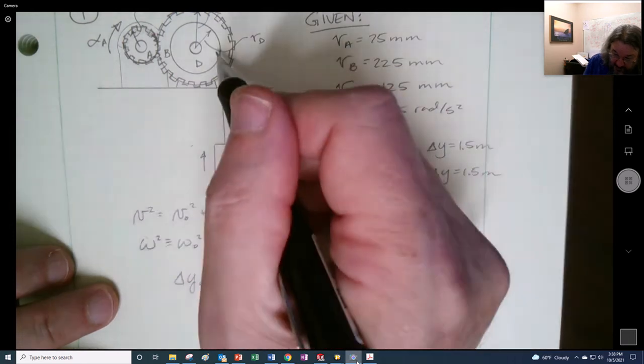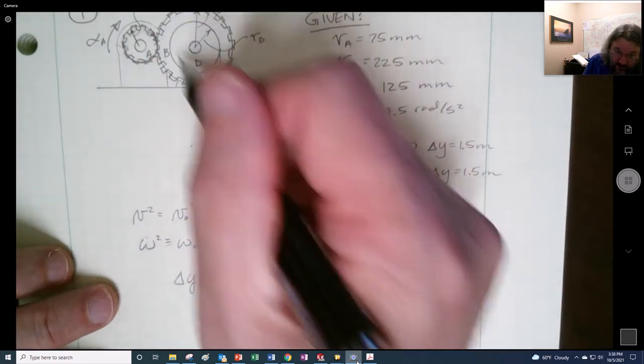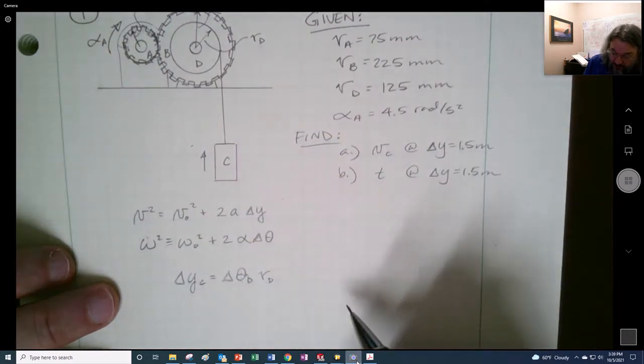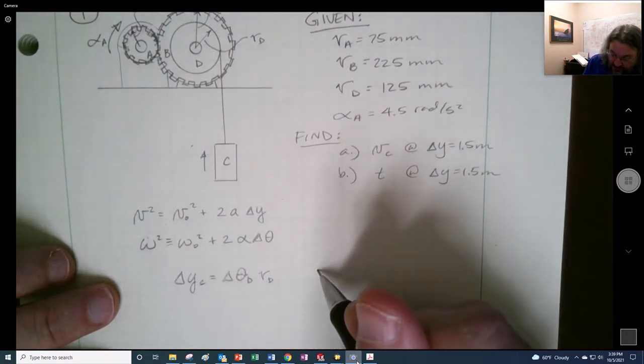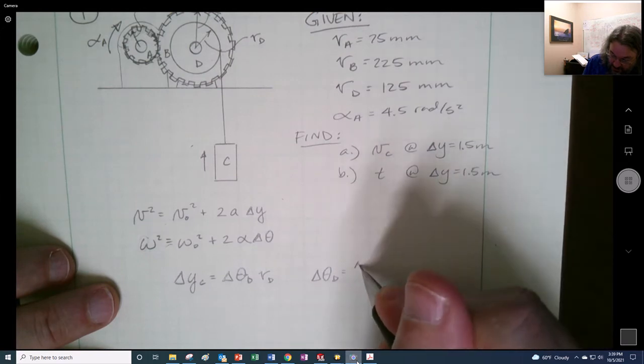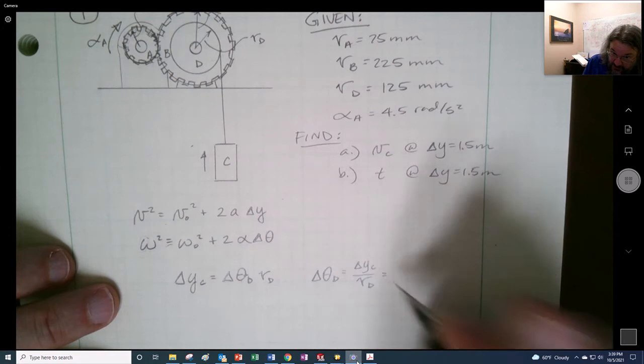You can see that this rope has to wrap up onto this thing, so we can figure out how many rotations D is going to make. So delta theta D is going to be delta yC divided by rD, right?